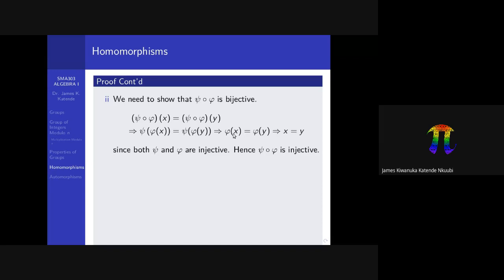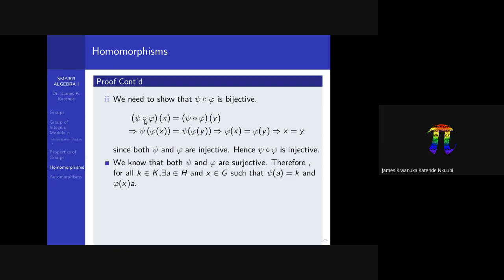That means the image of x under phi must be equal to the image of y under phi. But also we know that this phi itself is an isomorphism and therefore must be injective, and this implies that x must be equal to y. So for that reason, we can conclude that the composition is injective.